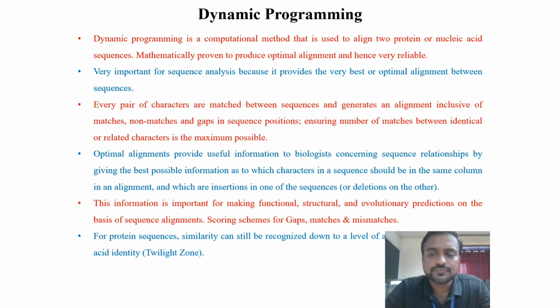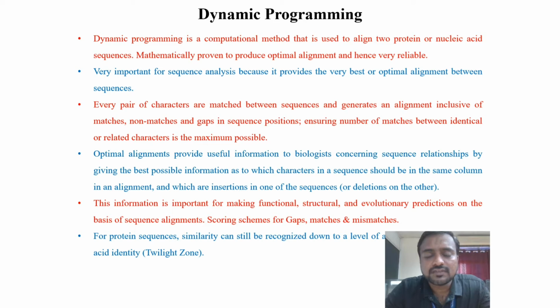In this approach, we look for the regions between the two sequences that could be kept under each other, which are identical in nature. In other words, we can say mirror images. There is also a possibility of two non-identical characters being placed under each other, but still having a positive score. That means these are similar characters.